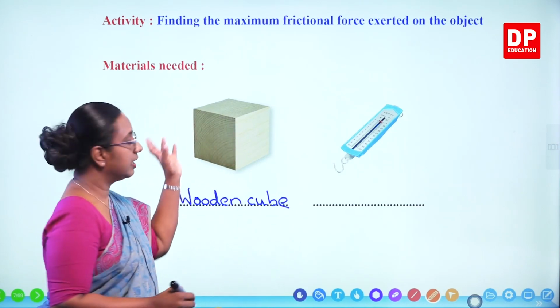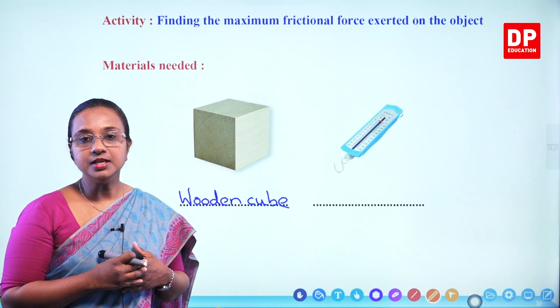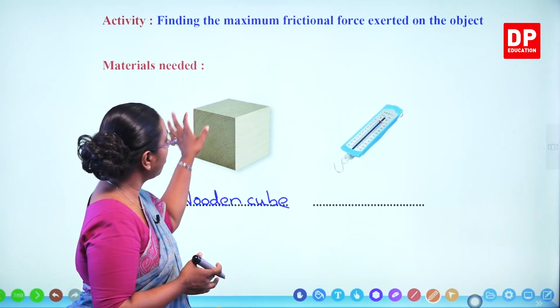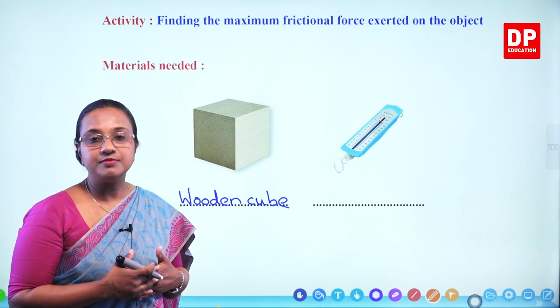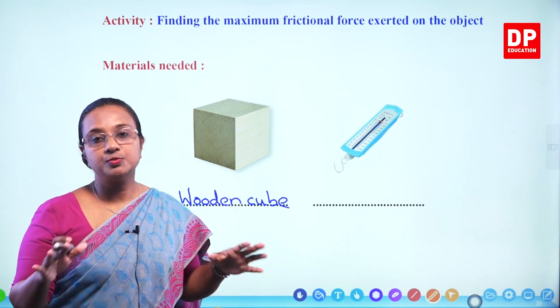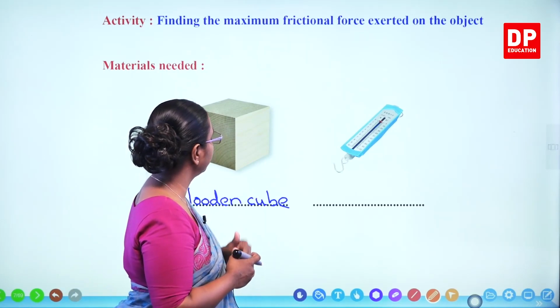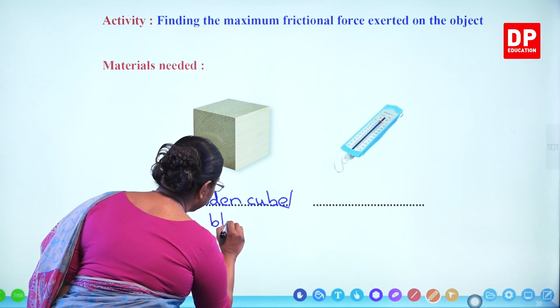It can be a cuboid shape, or it can have different faces. Both are fine. It can have all similar faces or different faces, but the surface has to be smooth and even. So, we need a wooden cube or a wooden block.